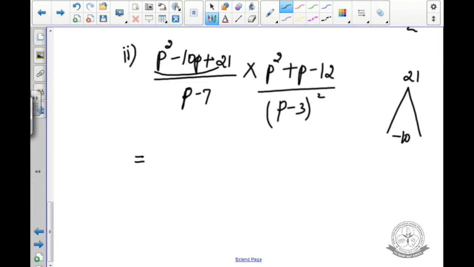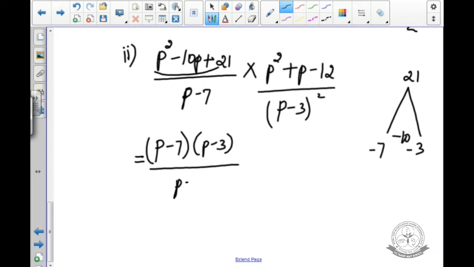So 7 3s are 21. If I put minus signs, I will get plus 21. If I add these two, I will get minus 10. So the factorizing terms are p minus 7 into p minus 3 divided by p minus 7.